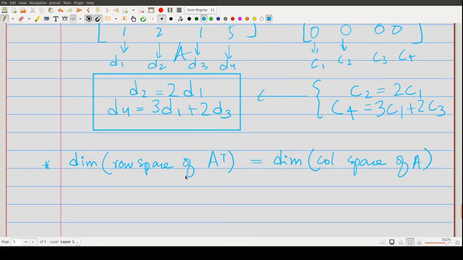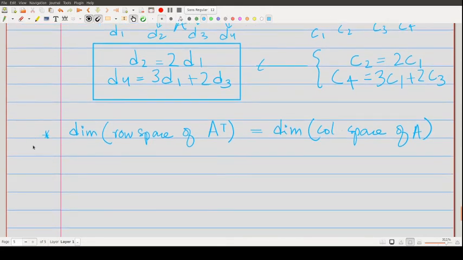Actually not just the dimension, even the entire space will be the same, because it's spanned by the same set of vectors.